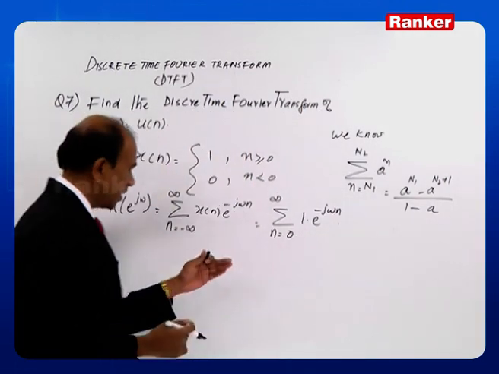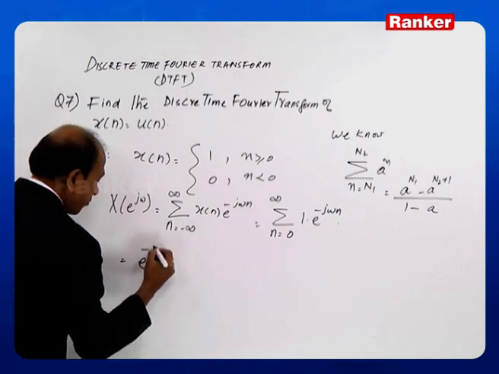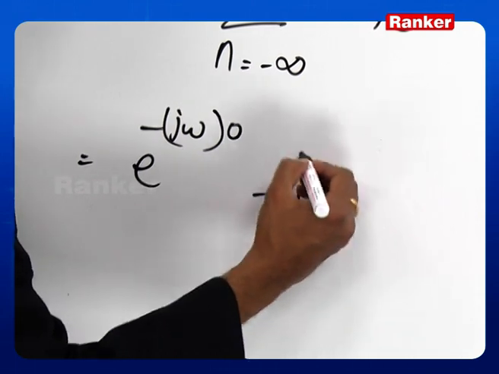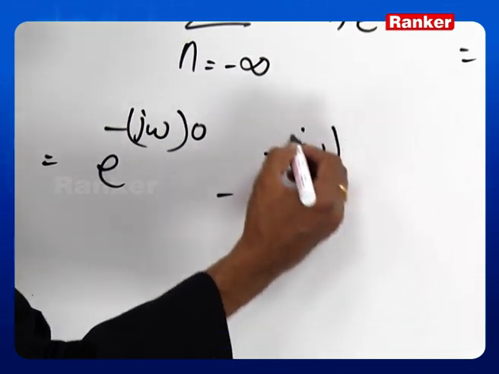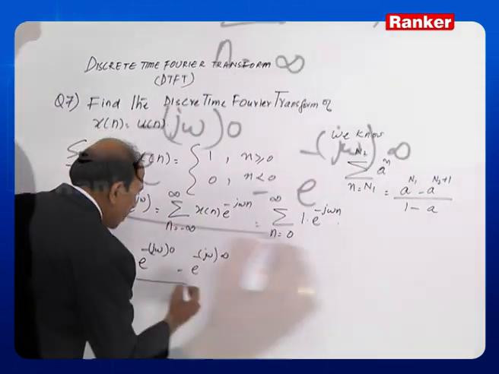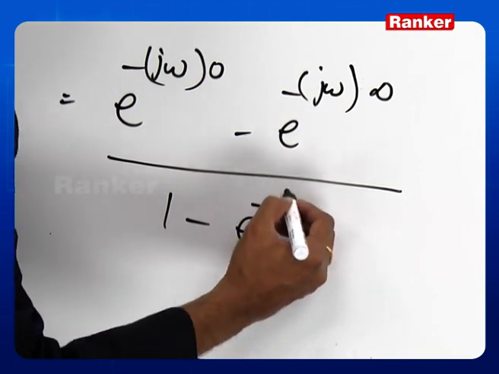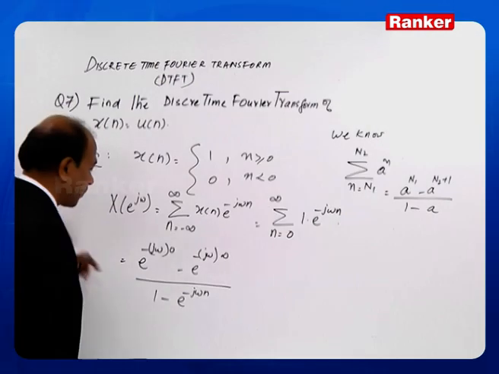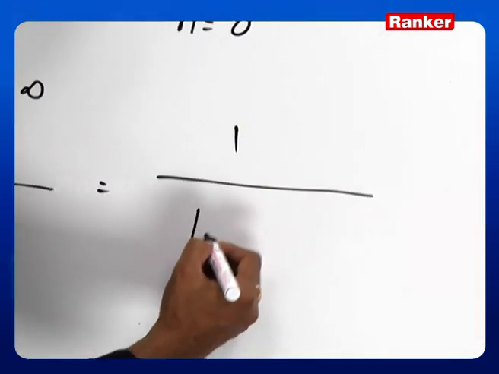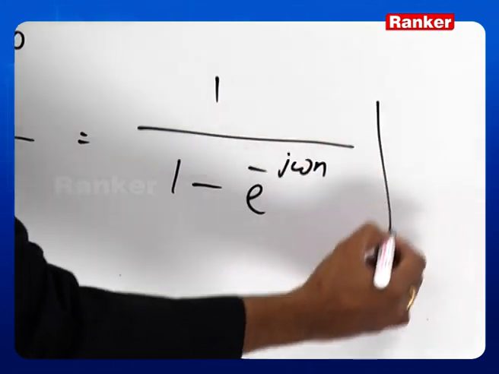Okay, let us put that here. So, what I will get is e to the power of minus j omega 0 minus e to the power of minus j omega infinity, because infinity plus 1 is again infinity, by 1 minus a, which for us is e to the power of minus j omega. So, this is in fact equal to 1 by 1 minus e to the power of minus j omega.